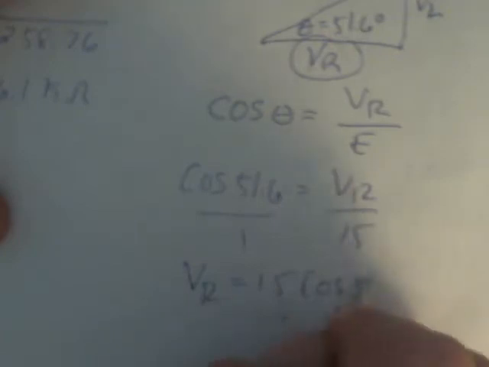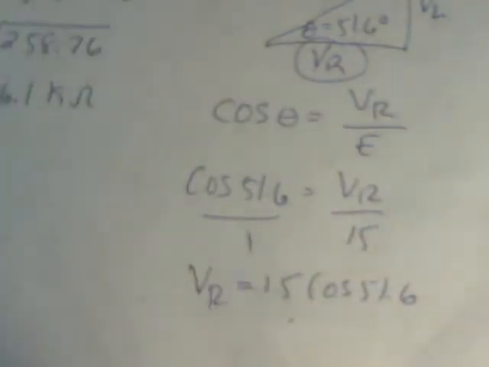And here's where you can cross multiply or multiply both sides by 15, whatever you prefer. So V sub R is 15 times the cosine of 51.6.